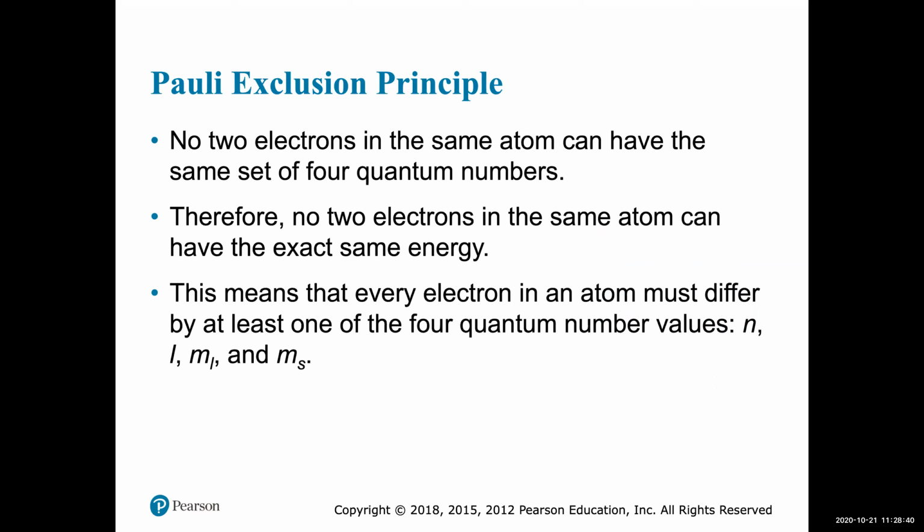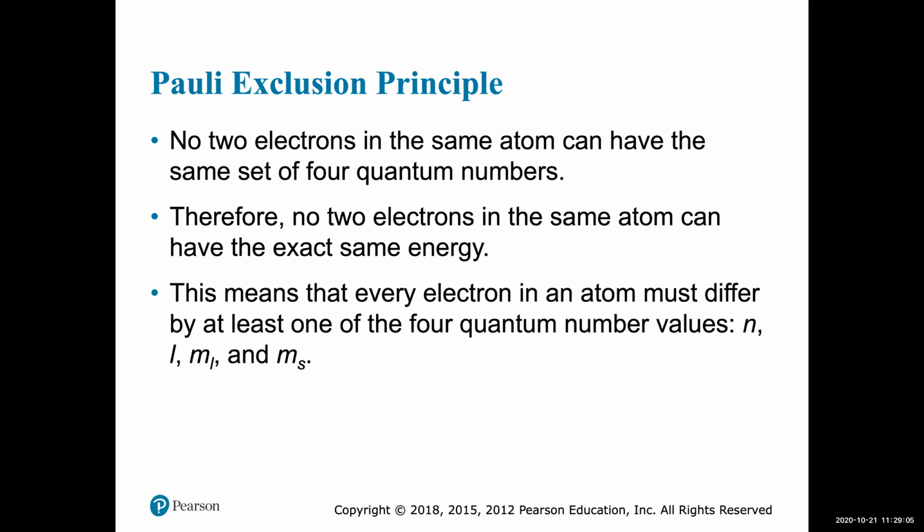Pauli came up with something called the Pauli exclusion principle. And what that says is that no two electrons in the same atom can have the same set of 4 quantum numbers. And so since they don't have the same quantum numbers, that means no two electrons in the same atom can have the exact same energy.